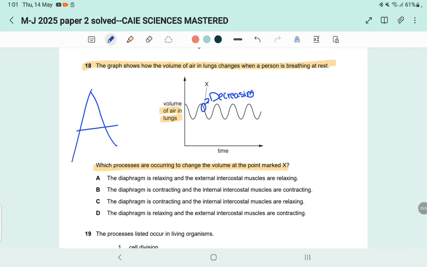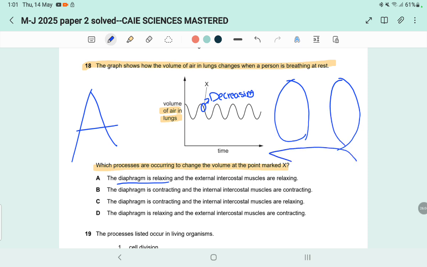Well, the diaphragm is relaxing. Now let us draw these lungs. Excuse my drawing because I'm not that good at drawing. This is the lungs. Now the diaphragm should relax. What is meant by relax?